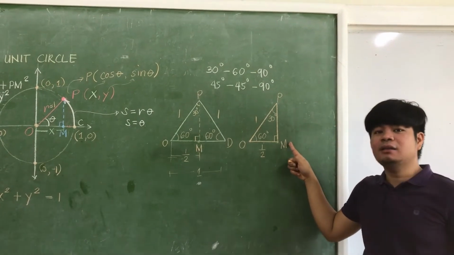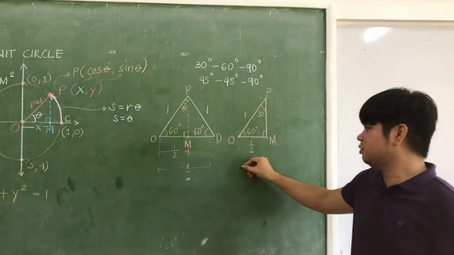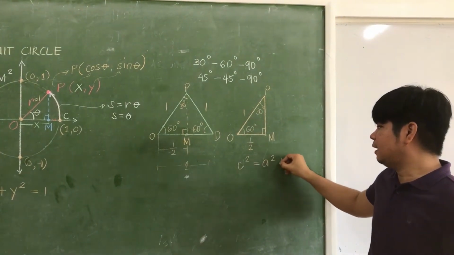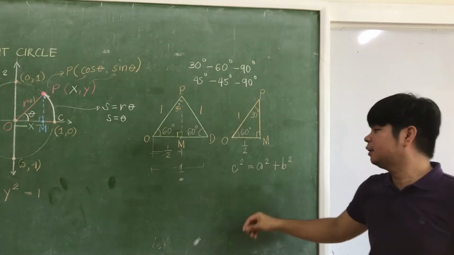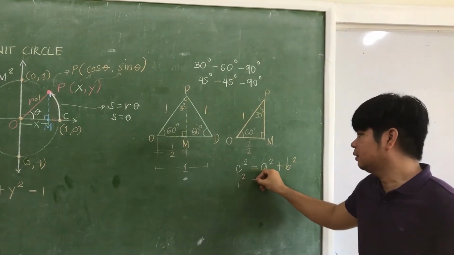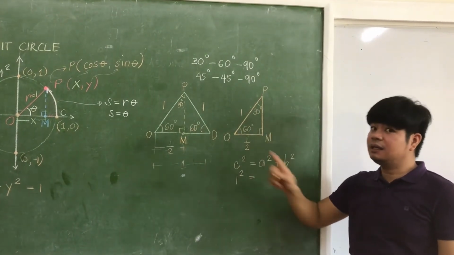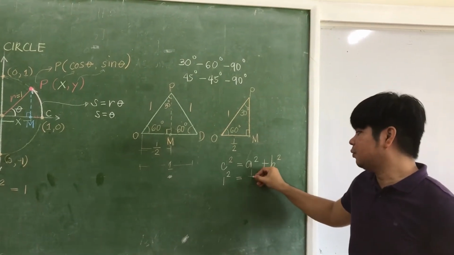We will find it using the Pythagorean theorem. C squared is equal to A squared plus B squared. C is 1 here, so 1 squared. You can take either side; let's say B is unknown, so A is 1/2, so (1/2) squared.